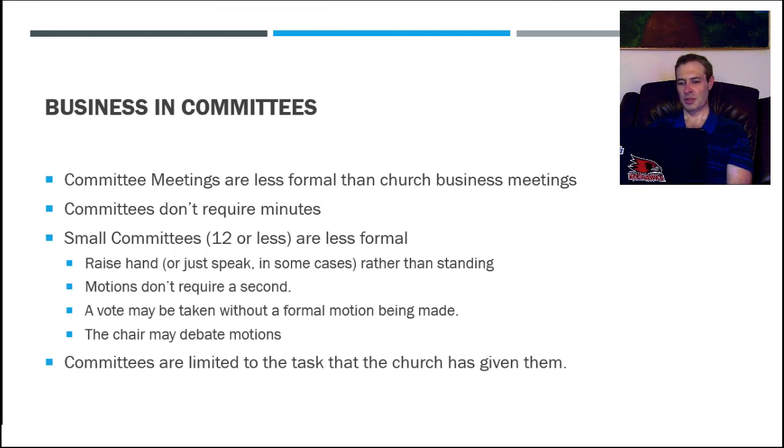But a formal motion is not required in that case, as long as it's obvious what that is. Now, you do need to be careful that it is obvious what it is you're voting on. But the chairman could ask for people to vote on something without actually having that motion made.